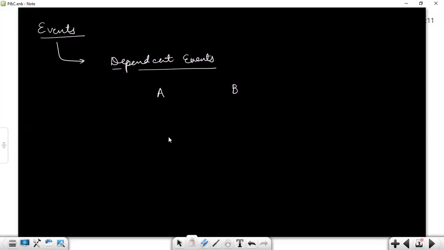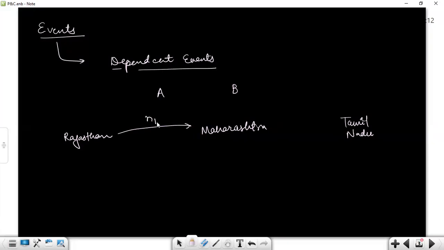So let's say you are in Rajasthan, our state, and you have to go to Maharashtra, and then from Maharashtra you have to go to, let's say, Tamil Nadu. From Rajasthan to Maharashtra, there are n1 number of flights.